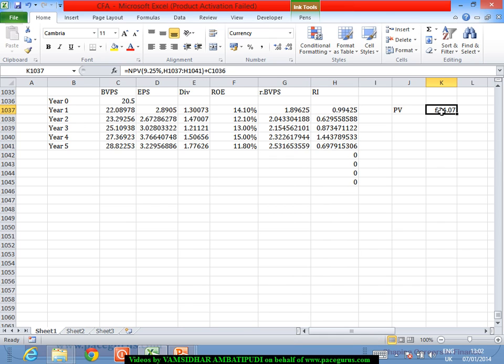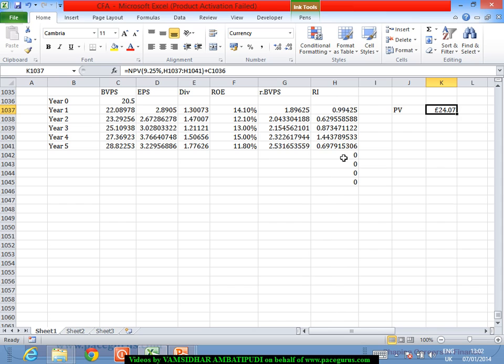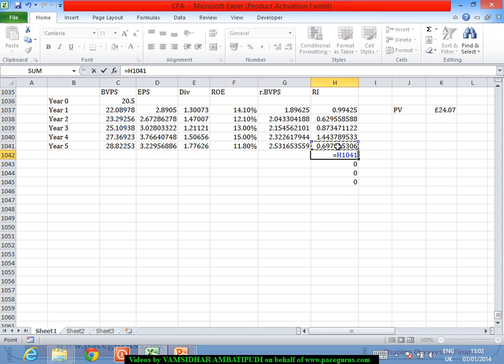But if I take the second scenario, RI remains at the same level as that of the 5th year. So right from the 6th year, let's say I am assuming that my RI is always this number itself. From here onwards, it is going to be a constant dividend for the infinite period.